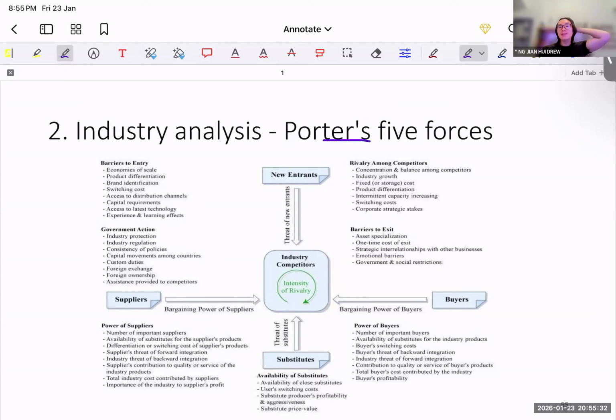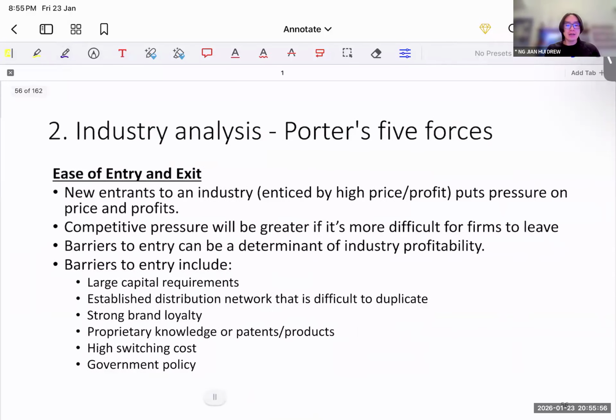This Porter's Five Forces is a framework for you to determine where you can position your chosen company in the industry, right? Are they a new company, a new entrant? Do they have a strong competitive advantage? Porter's Five Forces really is a very good framework for you to craft and structure your answers.